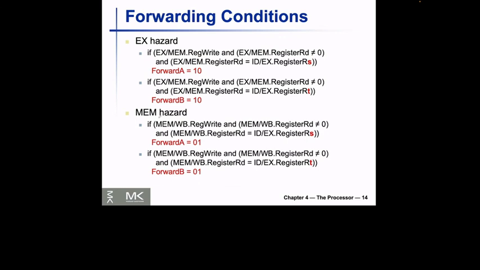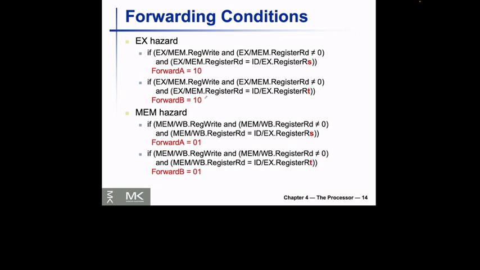All right. Now let's call this the execution hazard. Execution hazard is when you have two consecutive instructions, and your previous RD is your next RT or RS. This is called memory. What is a memory hazard? A memory hazard is when your previous RD is your current RS or RT.